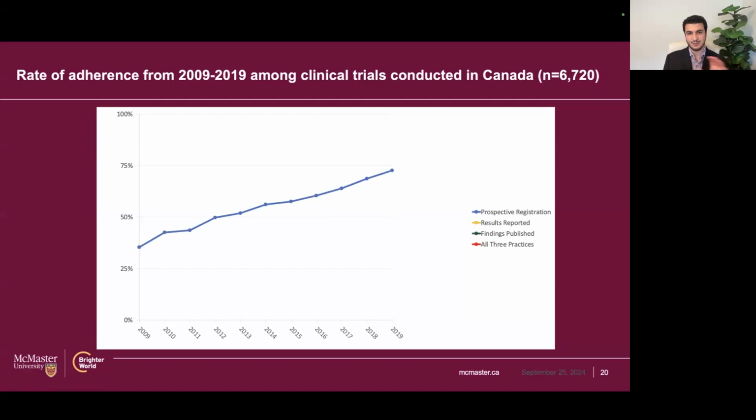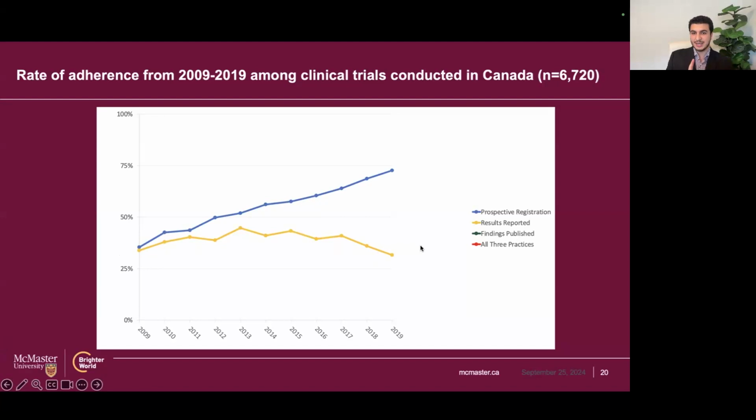Now, mind you, this is merely an observation that we're making based on our results. We didn't statistically analyze this. But when it comes to the results being reported in the registry, that number seems somewhat stagnant, perhaps slightly decreasing.